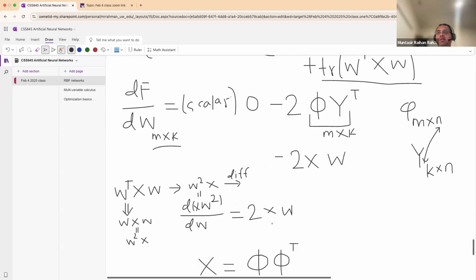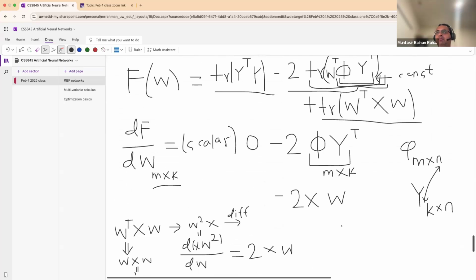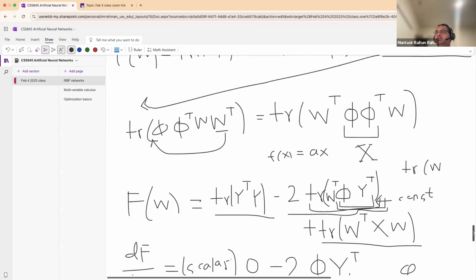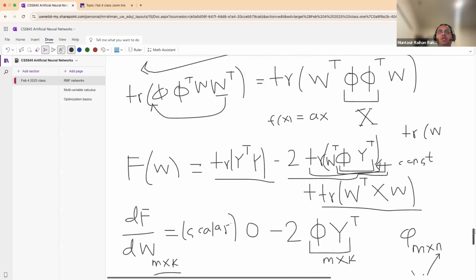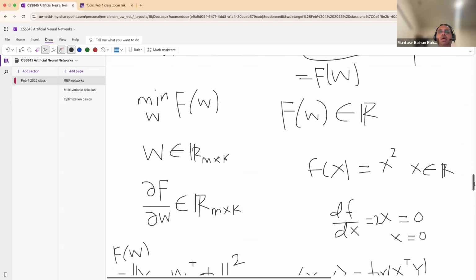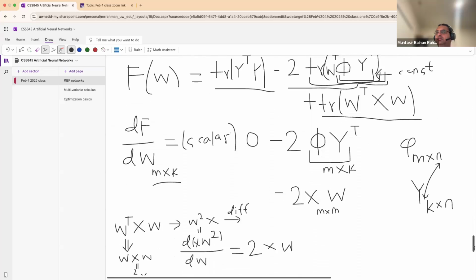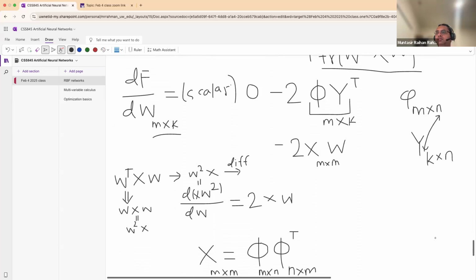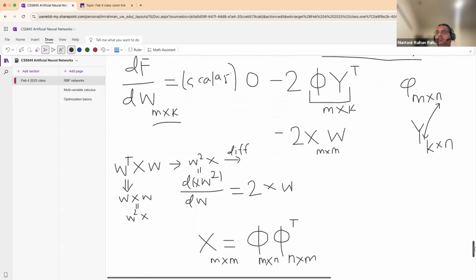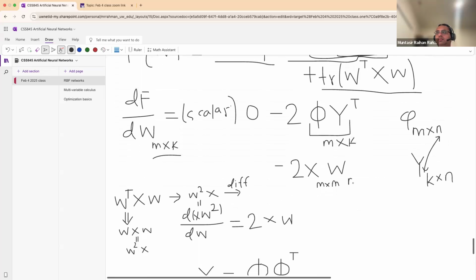And now let's check this quantity. So if this is m by m, and what is w? The dimension of w is m by k. So x times w would also be m by k.